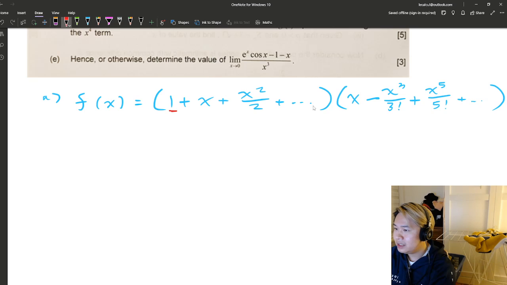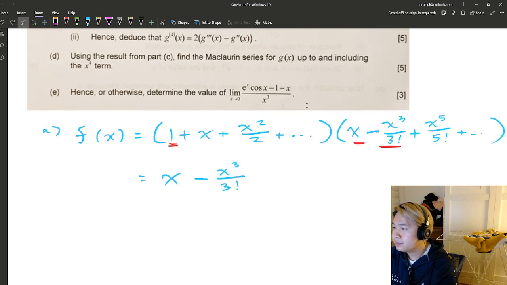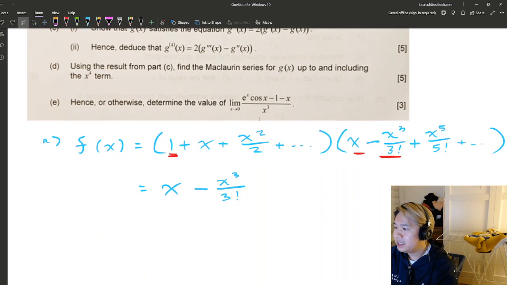So we have 1 times x, which is x. We have 1 times negative x cubed over 3 factorial. So that also counts. If we were to keep going, we would get higher powers of x.